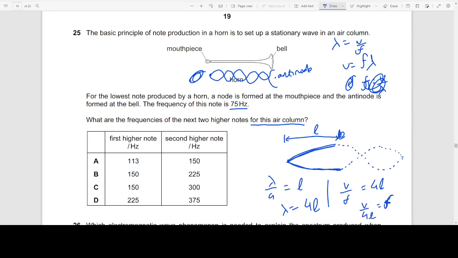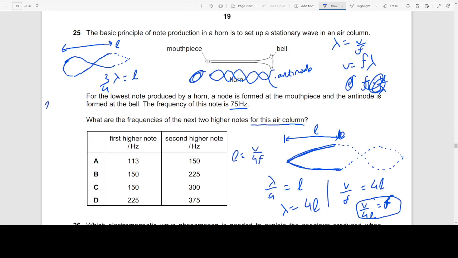Then the second note will happen when we have another antinode, which means for this much L we'll have this. Now we have covered 3/4 of the wave, so 3 upon 4 lambda is now L, and from before we know that L is V upon 4F.